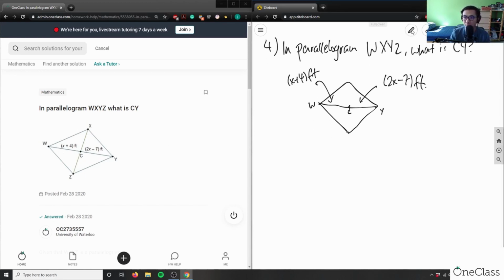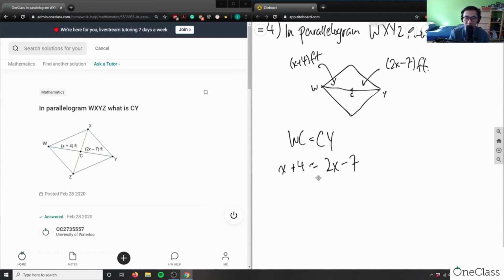So if WC equals CY, then I can make the expression x plus 4 equals 2x minus 7. I'll rearrange for x and sub x back into our equation, to see which value x satisfies for this equation.